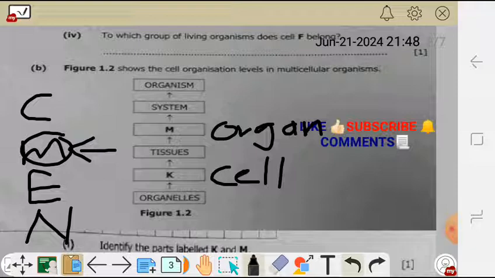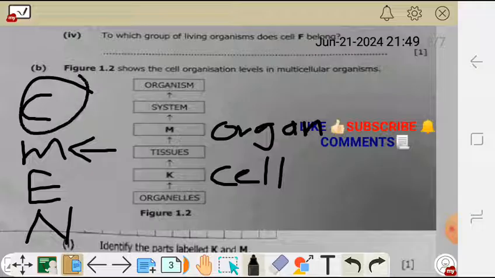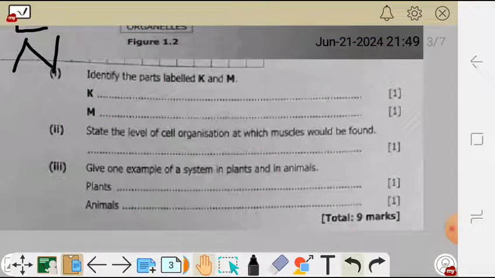The muscle tissue constitutes the muscles which make the heart and the small intestines. Those are smooth muscles, and the striated muscles of the heart. And then we also have the epithelium tissue where we find the skin, connective tissue, and the nervous tissue. So those are the 4 tissues. So the muscle, in this case, is on the level of a tissue.